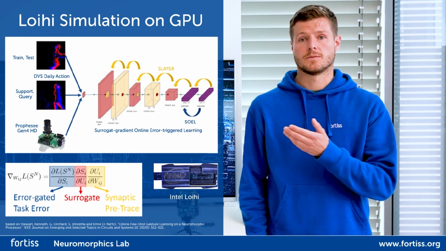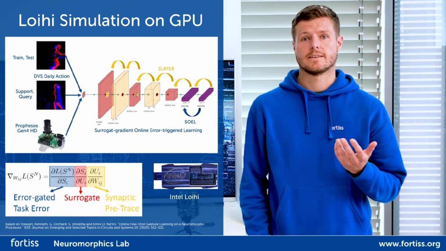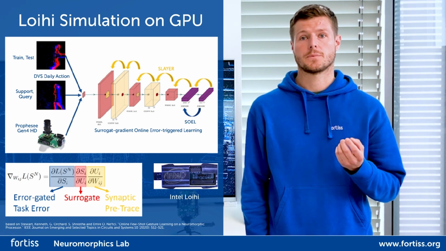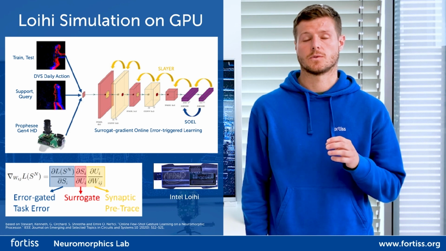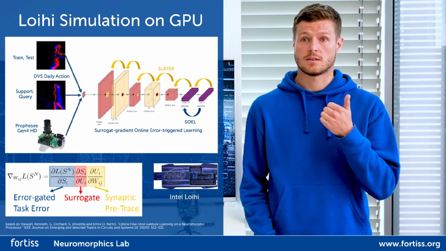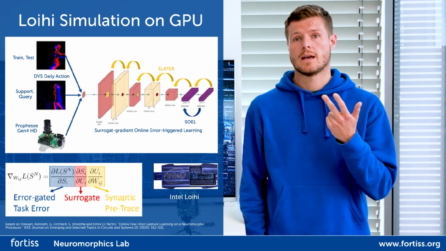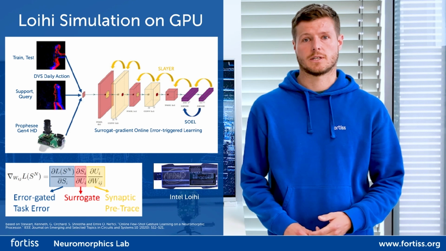And this learning rule is also called SOEL, and it updates the weights according to three components, which is first the task error, then a surrogate gradient function, and the synaptic pretrace.